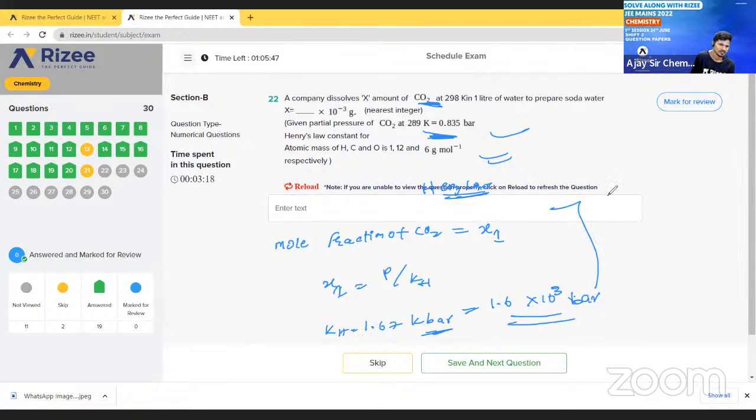Now chi1 is equal to, just put the values here.